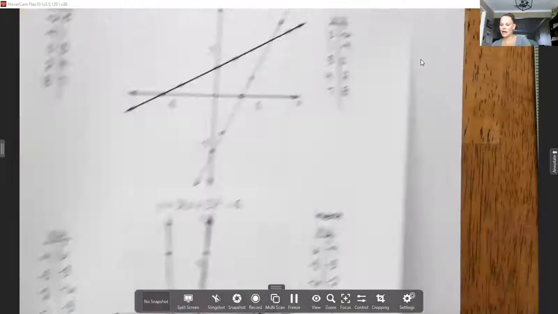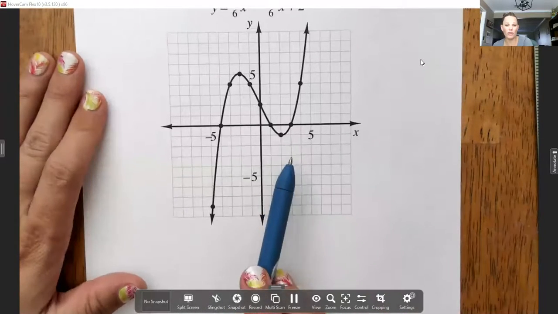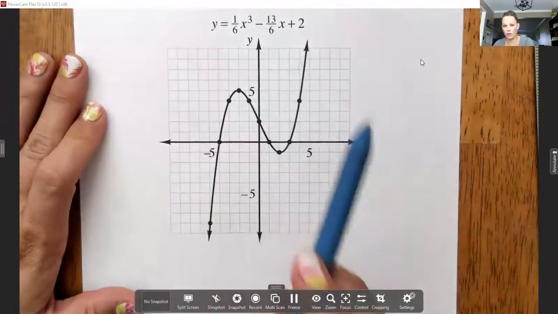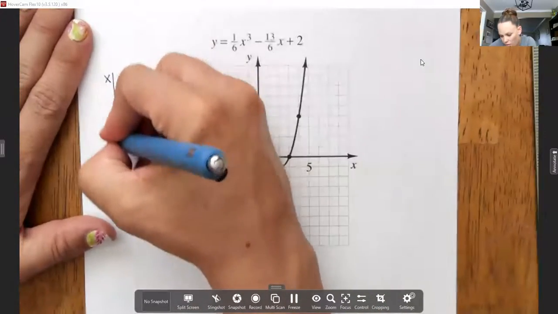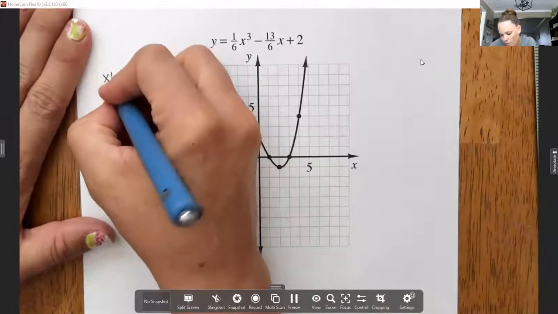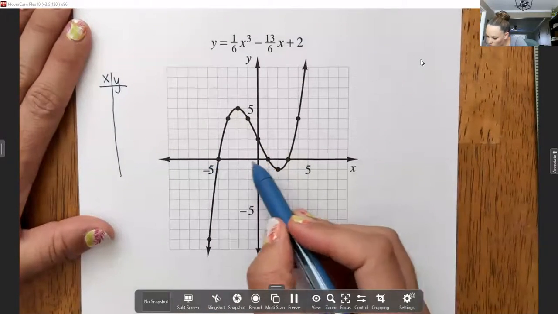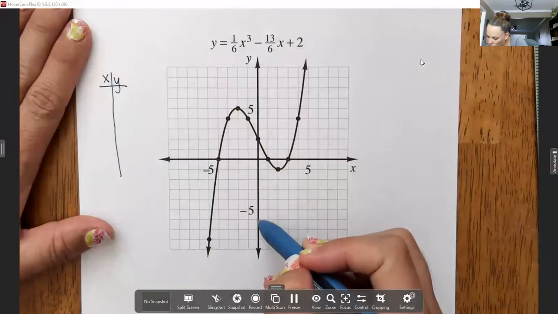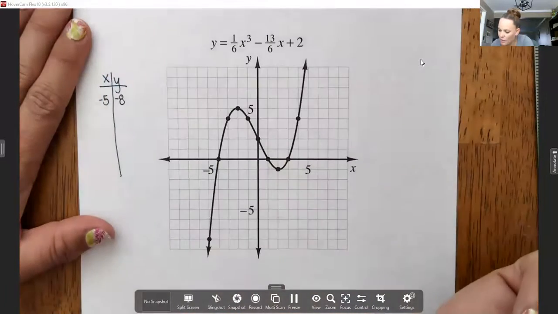And then there's this last one here. Again, we couldn't write the inverse for this equation right now. We haven't gotten that far, but we can graph it. So again, just put these points in a table.